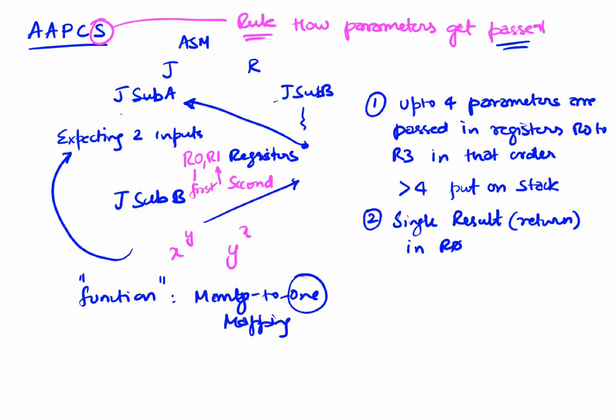Now there are other rules. For example, before I call you, I did some useful work. The act of calling you should not destroy the work I've done. I should be able to count on the fact that when you come back, this work can be continued. Our work, our state, if you will, is stored in registers.